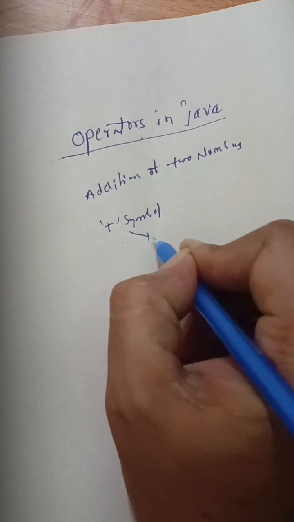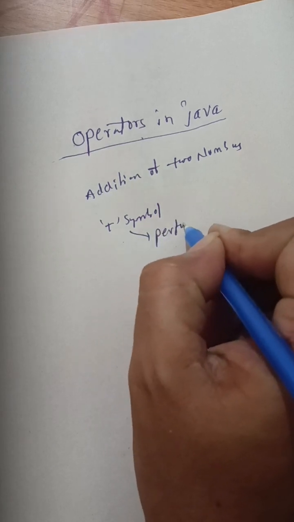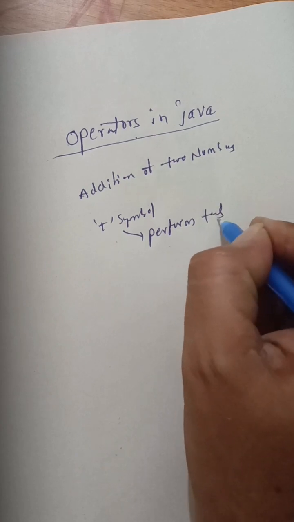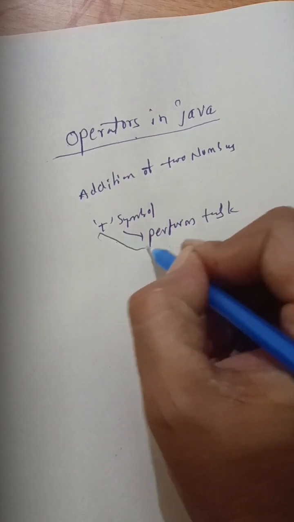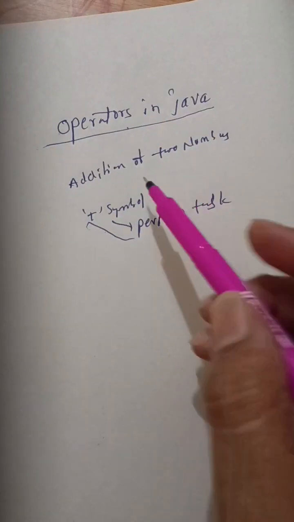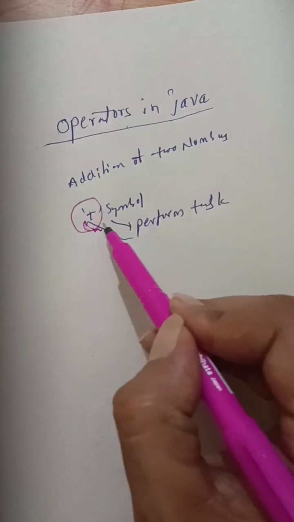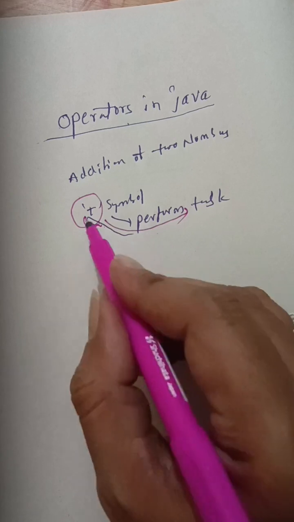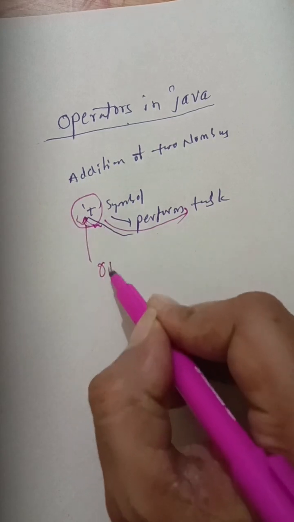You perform the task using this symbol. This symbol is called the operator.